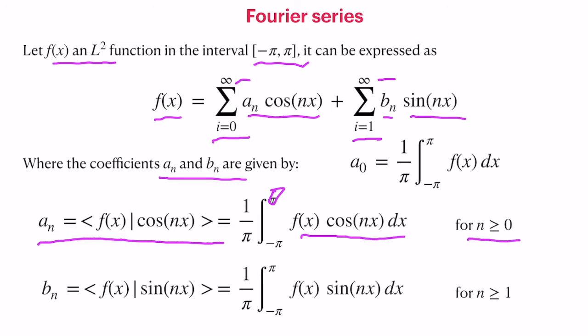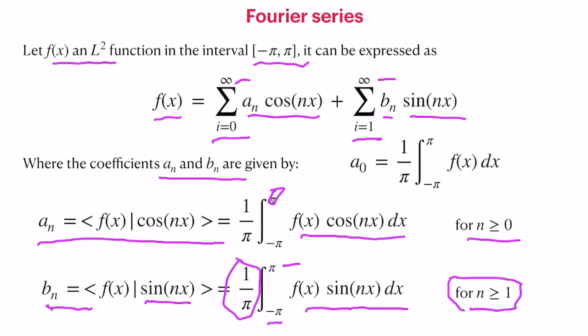Here n is greater than or equal to 0. bn is given as f of x taken dot product with sin nx, that is, normalizing constant 1 by pi times the integral from minus pi to plus pi of f of x into sin nx dx, for n greater than or equal to 1. Here we can see that a0 is basically the mean of the function in the interval minus pi to plus pi, that is given as 1 by pi times the integral from minus pi to plus pi of f of x dx.